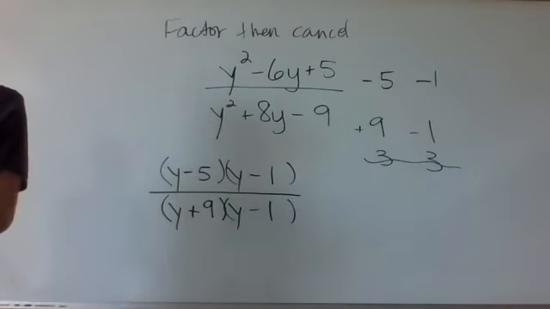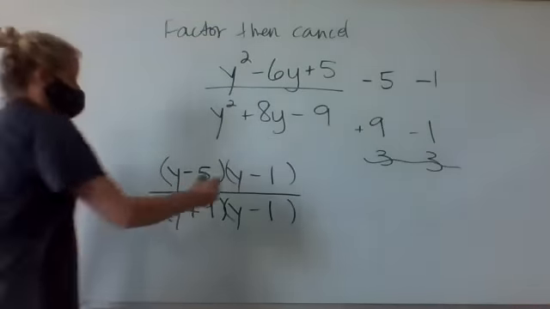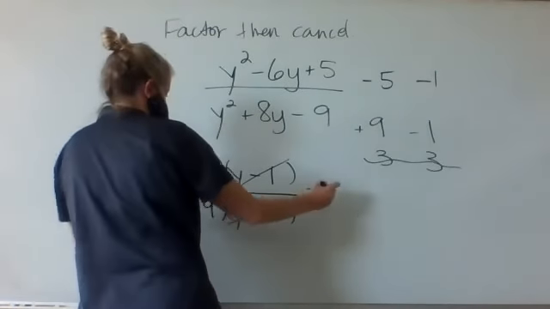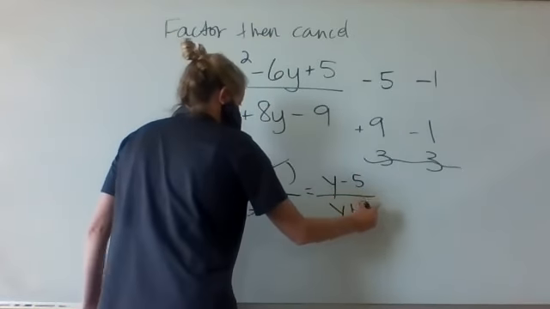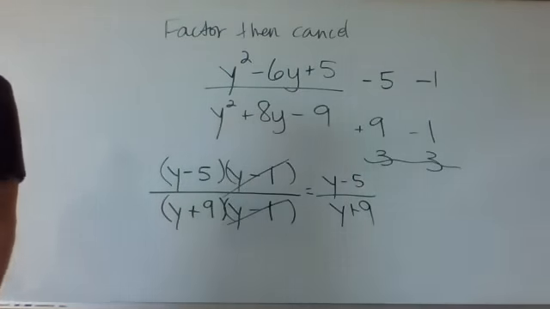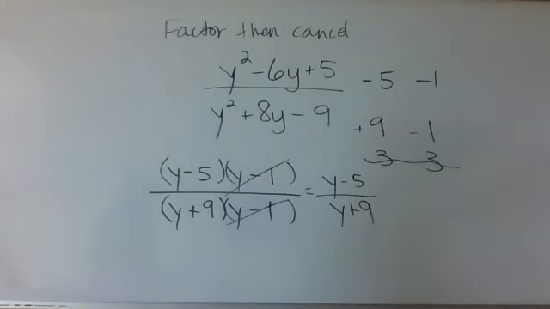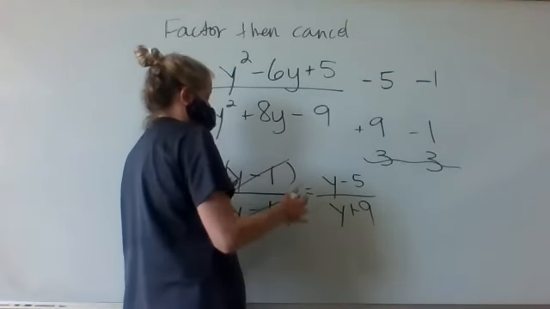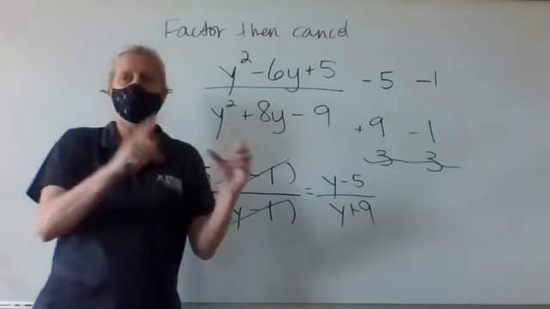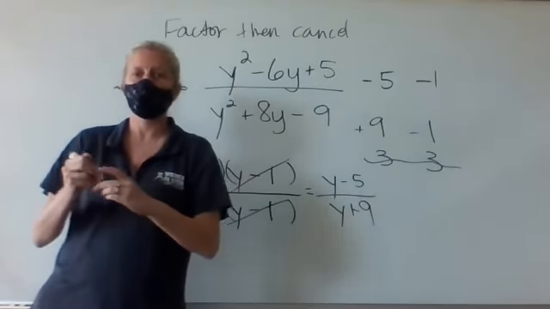It doesn't matter which way they go. The y minus 1s cancel, which just means you have y minus 5 over y plus 9. Now you need to put it in parentheses? No, you don't need to put those in parentheses. If there would have been more than one factor left, then you would put them in parentheses.